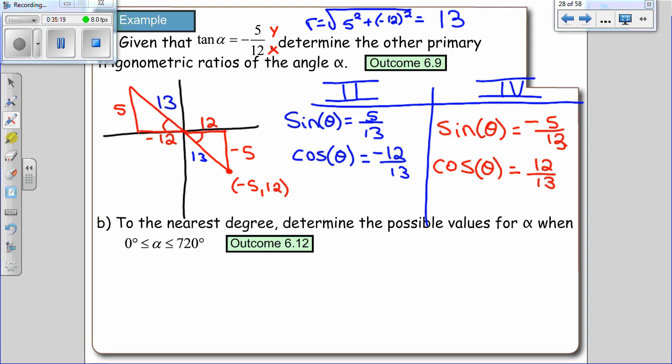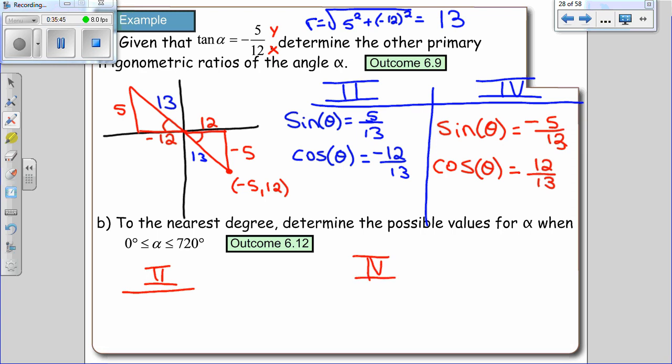They want you to find the standard position angles that would create these two scenarios. You're going to have one answer for quadrant 2 and another answer for quadrant 4, because they have different standard position angles. To figure out the standard position angles, you need to know what the reference angle was.